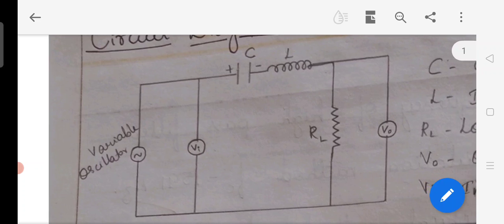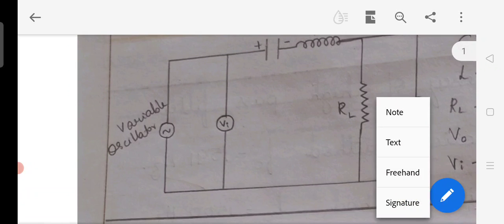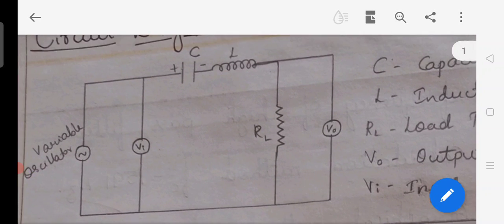V0 means output voltage, Vin means input voltage.